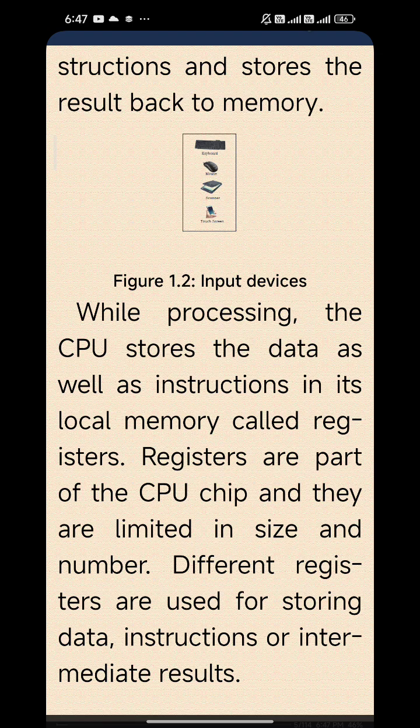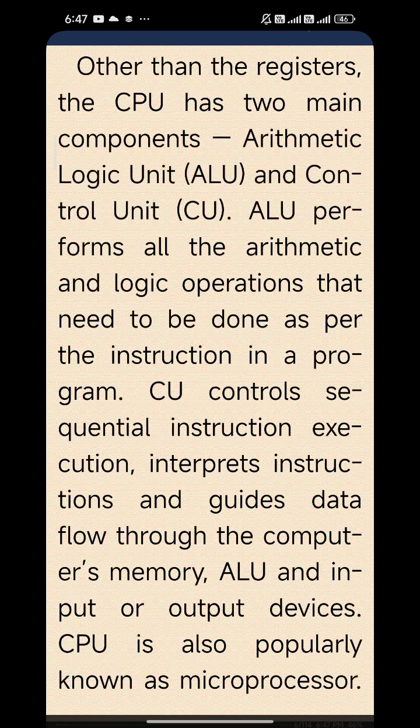While processing, the CPU stores the data as well as instructions in its logical memory called registers. Registers are part of the CPU chip and they are limited in size and number. Different registers are used for storing data, instructions, or intermediate results. Other than the registers, the CPU has two main components: the arithmetical logical unit (ALU) and the control unit (CU).